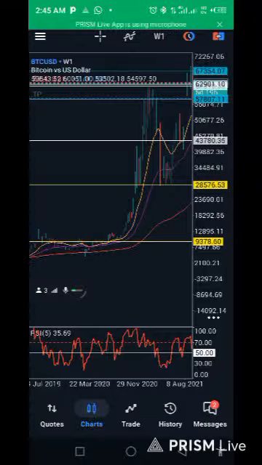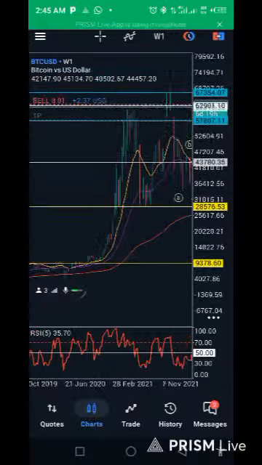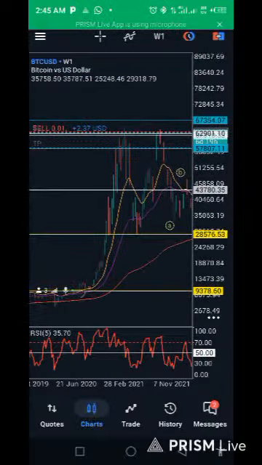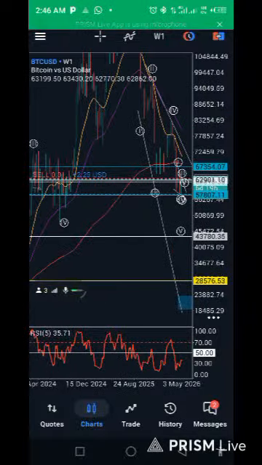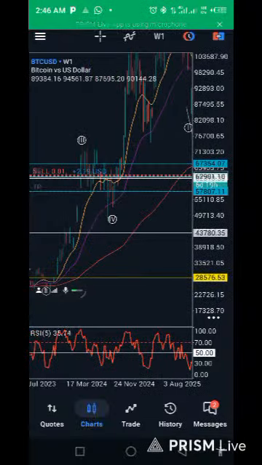Then it fell. After it fell, it went back and crossed 19,000 and went straight to 70 something thousand, or rather 69, I think 69 or thereabout. Then from there, after that 69, it came down again to 19.